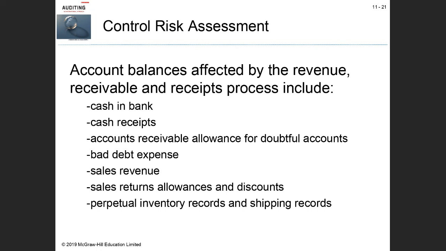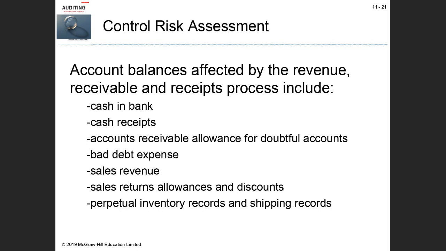We talked the other day about the various accounts on the current PowerPoint, number 21, in the revenue receivable receipt cycle. The major ones are sales in the income statement, and on the balance sheet, the accounts receivable account and the cash and bank account. The other accounts affected would be bad debt expense, because that relates to the value of the accounts receivable on the balance sheet, and then on the income statement, sales returns and sales allowances, and sales discounts.